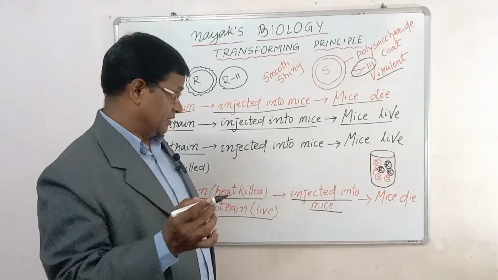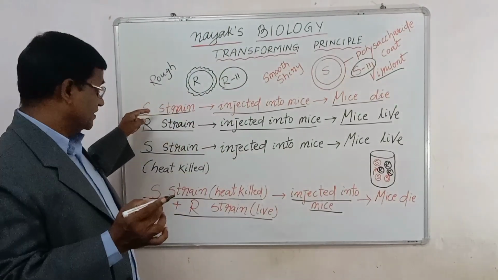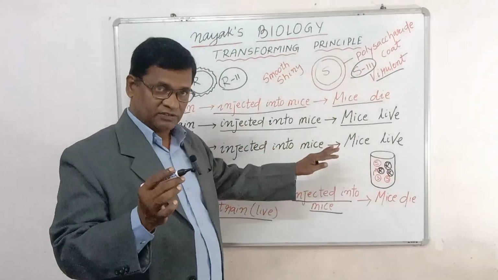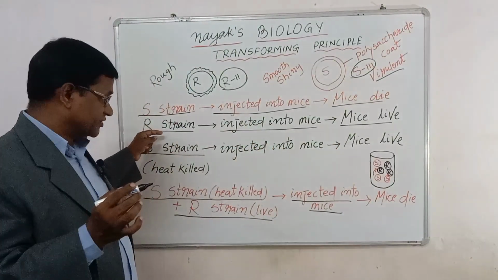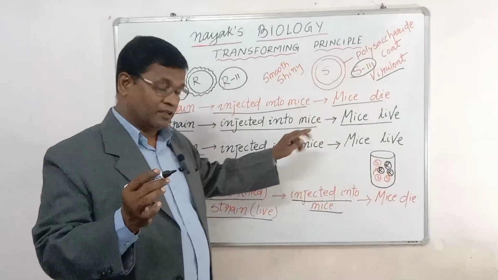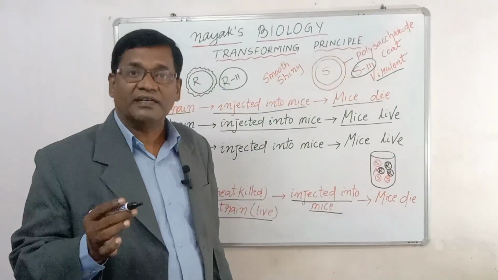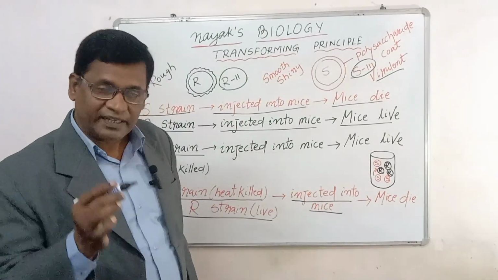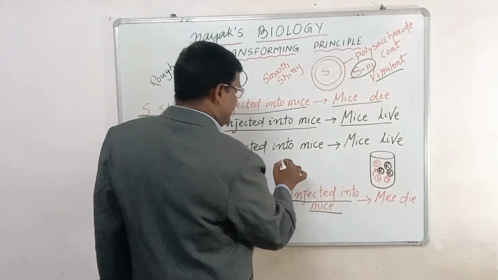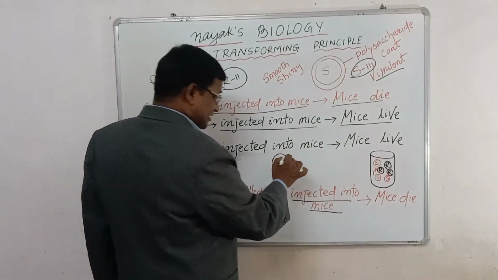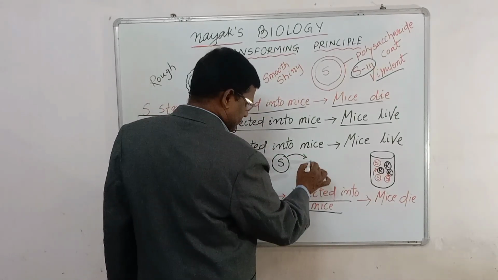You see, first, when the heated S strain is injected, it is unable to cause the disease. Only the R strain is also unable to cause the disease. But when they are mixed, they are able to kill the mice. How? Because the genetic material of the S strain is transported to the R strain.